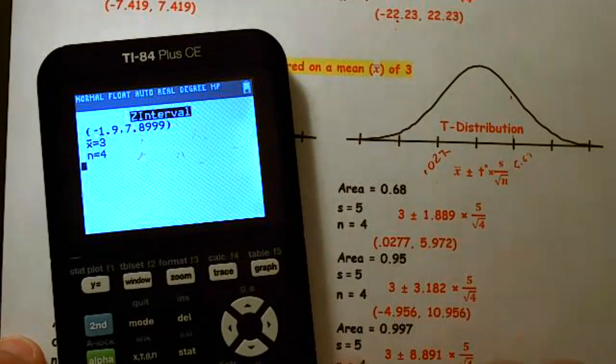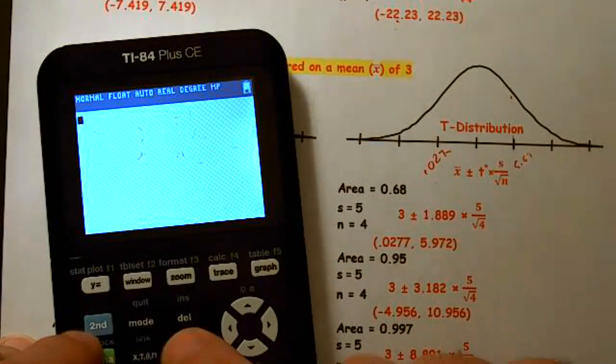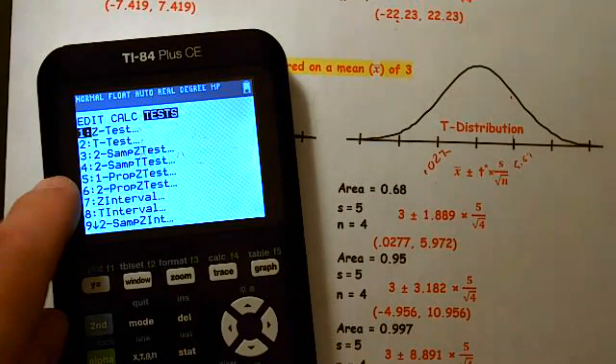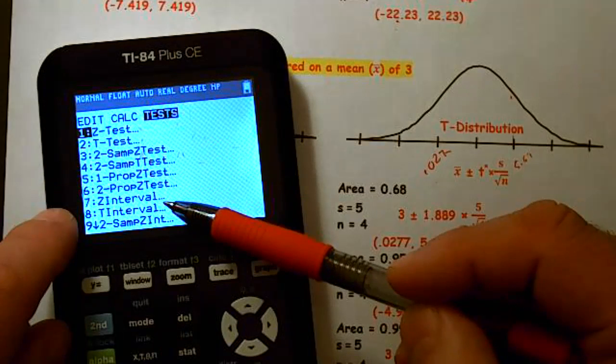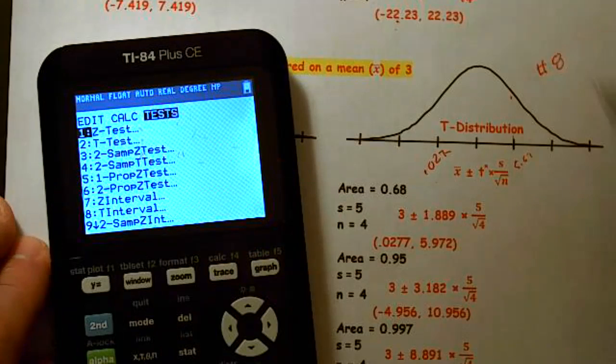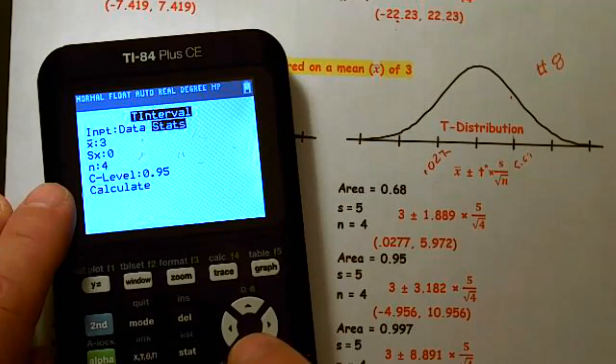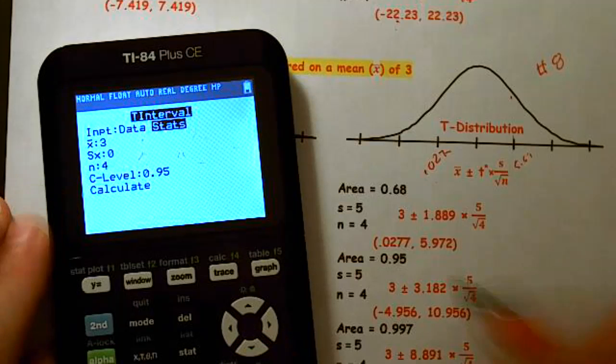Let's compare that to the t. So I'm going to go stat test. Well, we're no longer using the z interval, which is number 7. We're going to use number 8, which is the t interval. So we have our x bar is 3, and we need the standard deviation of our sample.